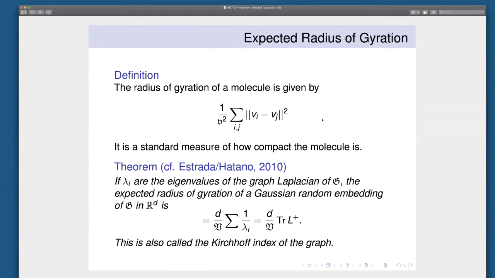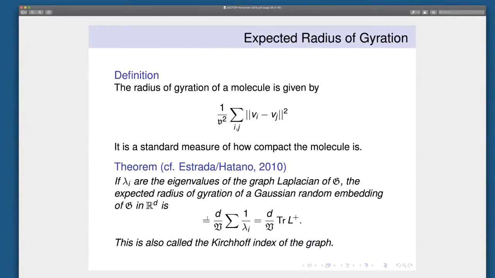So what we're left with is just the diagonal entries, the trace of L plus. So the eigenvalues of the graph Laplacian contribute to the expectation of the radius of gyration inversely. The smallest eigenvalue makes the largest contribution to the radius of gyration, and then the larger eigenvalues make less and less of a contribution.